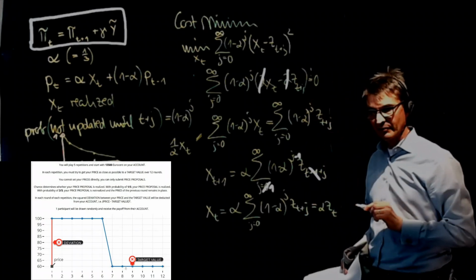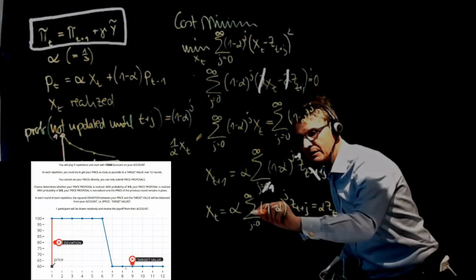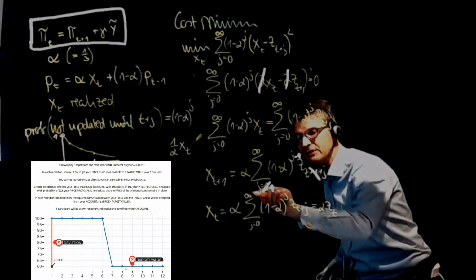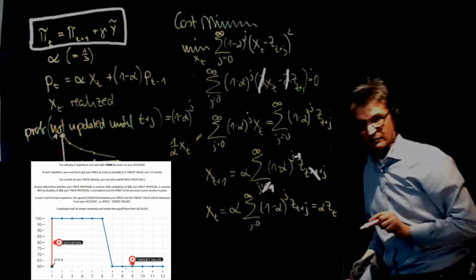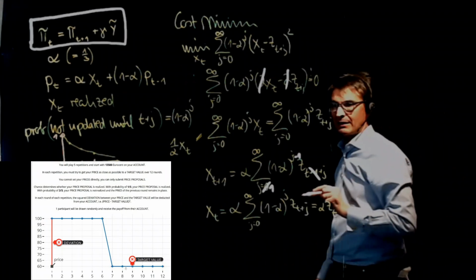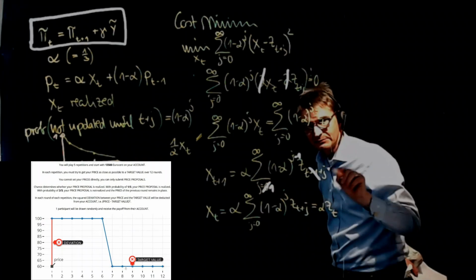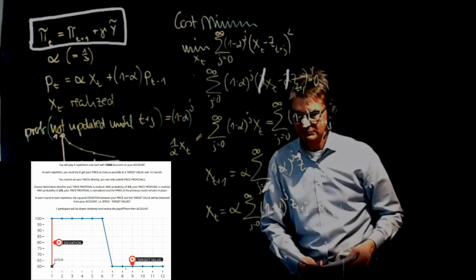Okay? And the next part of that is the sum with j starting with a 1 to infinity times all this. But then you see this is very close to what we have above. It's almost identical.